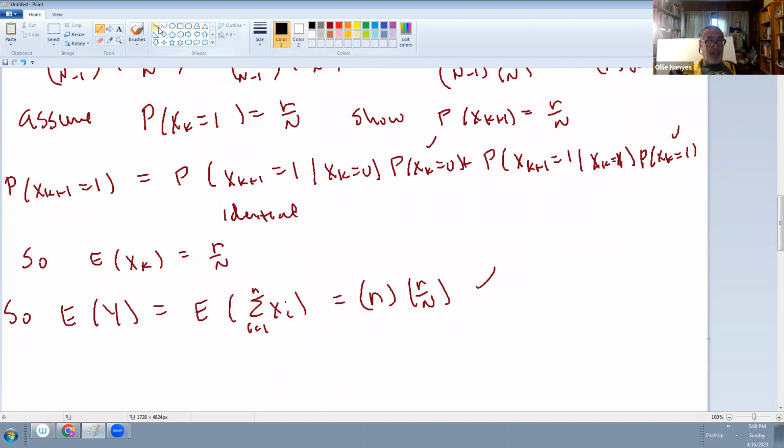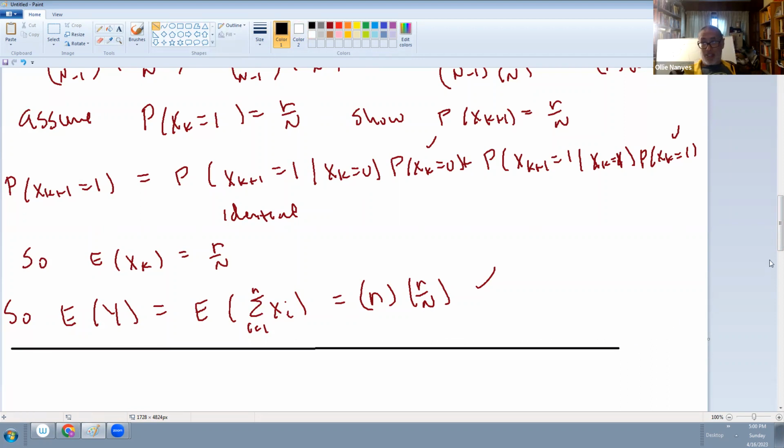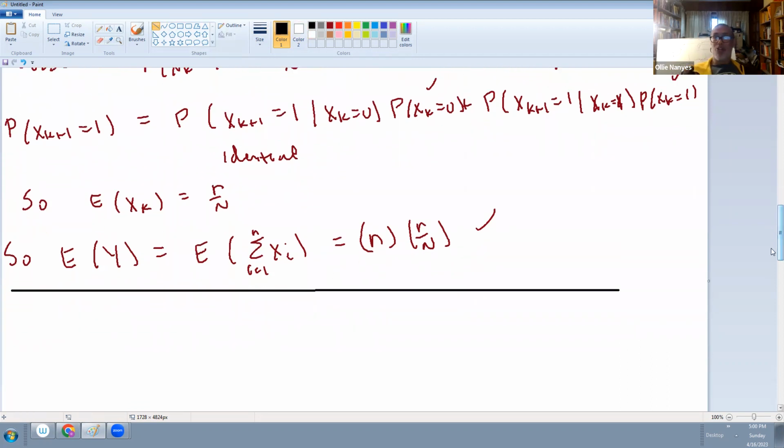Now, the fun starts with the variance here. And my assumption is that you know the following formula, whose proof is really not that hard.